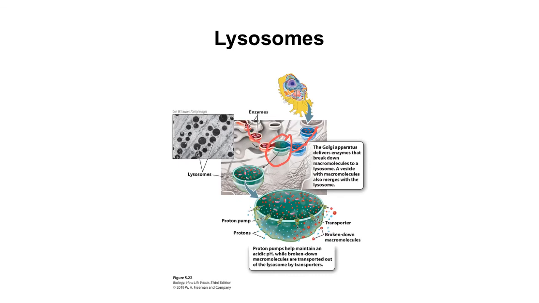And these are enzymes that degrade the macromolecules. Okay, so they are called degradative enzymes or digestive enzymes. So the combination of these two materials, the macromolecules that need to be degraded and the enzymes that digest them, allows the formation of a mature lysosome organelle.